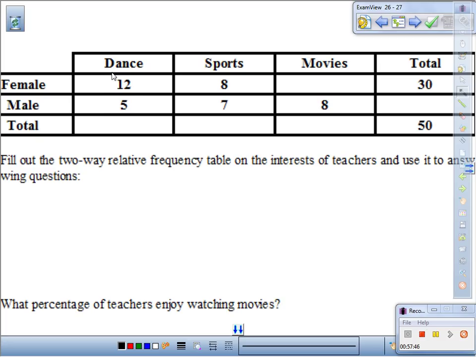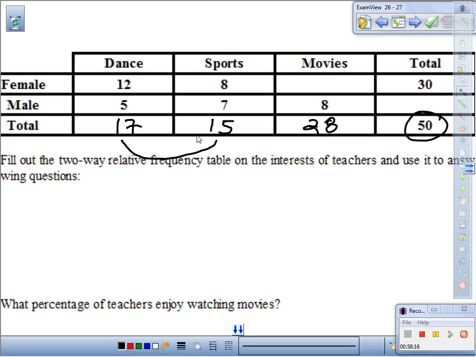So, let's finish filling this out. So the total dance would be what? 17. How about sports? How about the total for movies? Yes, we do. We have 50 over here, and we have these two right here. 28. That is correct.